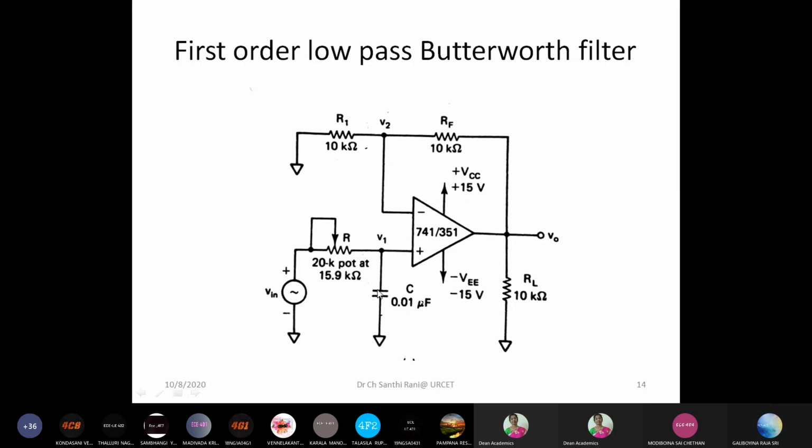If it is a high pass filter, you exchange this R and C. If it is band pass, a combination. If it is band elimination, a combination. So in this low pass filter design also, I think you can close your eyes and design it. The OpAmp, and at the non-inverting input terminal, R and C with the input voltage, and at the inverting input terminal, the feedback resistor and the input resistor, the resistors that contribute to the gain of the filter, just R1 and RF, are connected here.